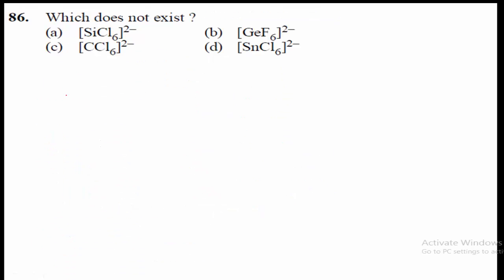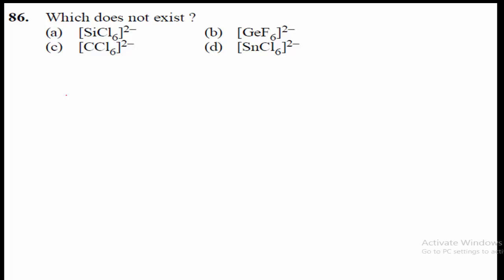Then 86th, which does not exist among these four? Option A, SiCl6 2-, GeF6 2-, CCl6 2-, SnCl6 2-.